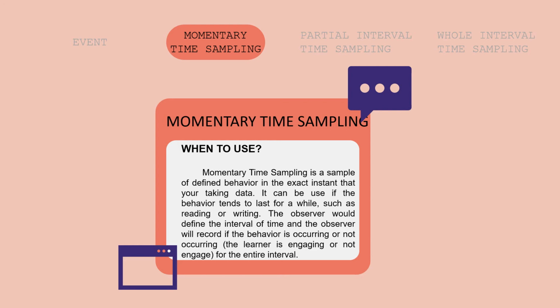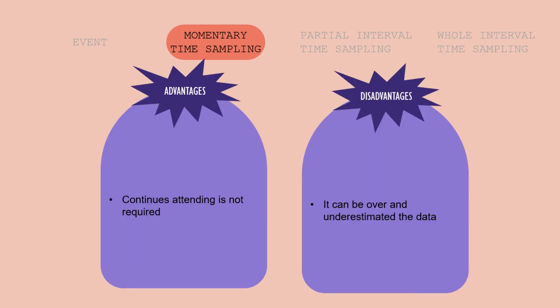Taking this kind of data will give you the number of intervals in which the behavior occurred. Then you are looking to either decrease or increase the number of intervals in which the behavior is occurring. The advantage and disadvantage of momentary time sampling: in advantage, continuous attending is not required for the child who will be observed, because it is not required to be attentive during the entire 5 minutes of observing.